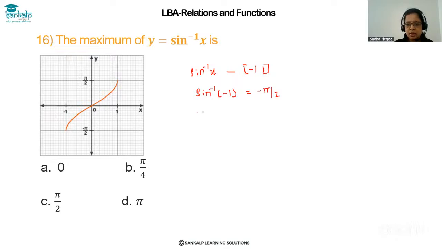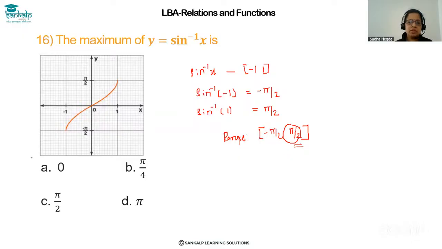And sine inverse of 1 is equal to pi/2. So the range is -pi/2 to pi/2. So the maximum value is pi/2.